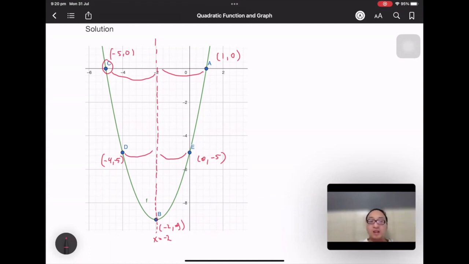So the line of symmetry is the line that passes through the vertex and divides the graph into two equal parts. This line is dividing the graph, this part and this part equal. That's why we call it the line of symmetry. The equation of the line of symmetry is the x value of the vertex. So that means the equation is x equals negative 2.